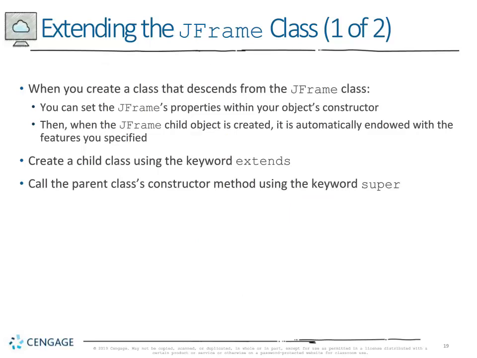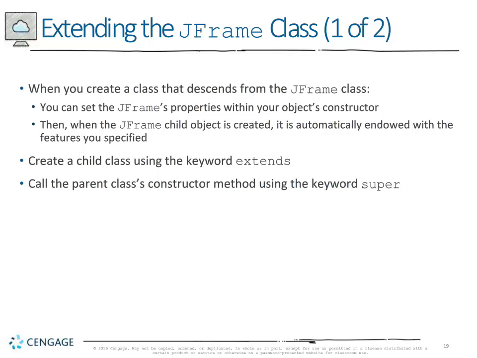You can instantiate a simple JFrame object within an application's main method or within any other method of any class you write. Alternatively, you can create your own class that descends from the JFrame class. The advantage of creating a child class of JFrame is that you can set the JFrame's properties within your object's constructor.